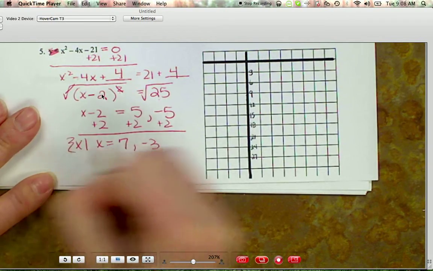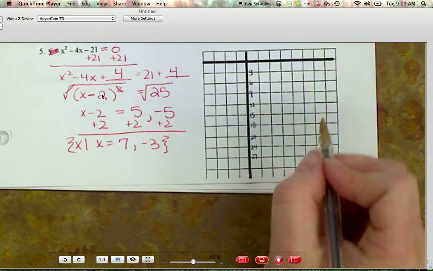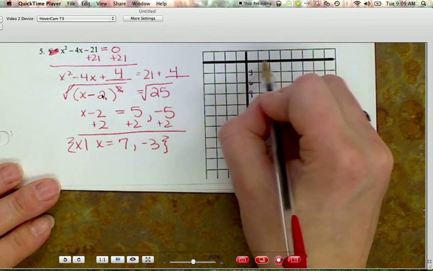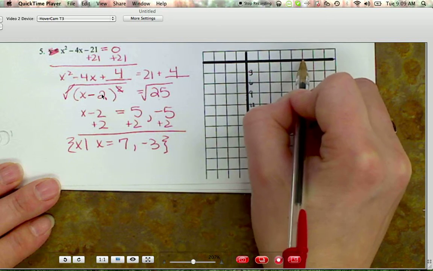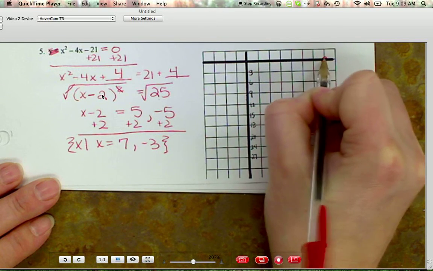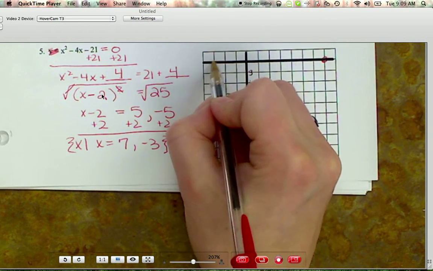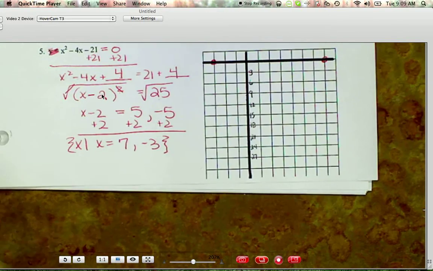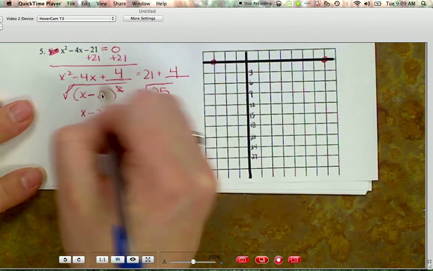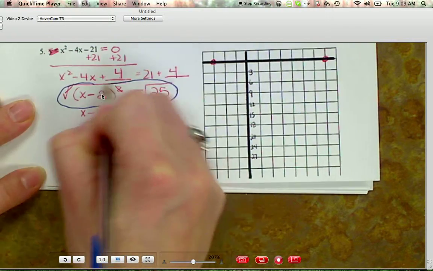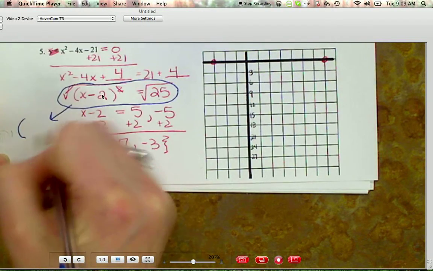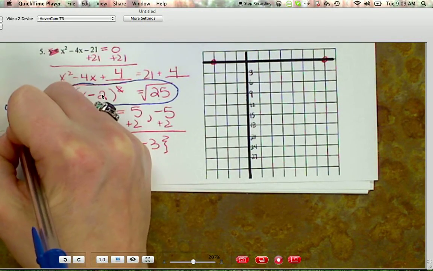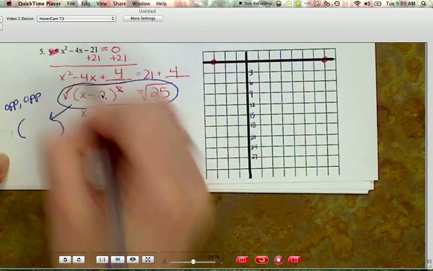These are our x-intercepts, so let's go ahead and graph those on the x-axis. 1, 2, 3, 4, 5, 6, 7. And 1, 2, 3, -3. Now we can extract the vertex from this square root step here. And remember, we're doing opposite, opposite.